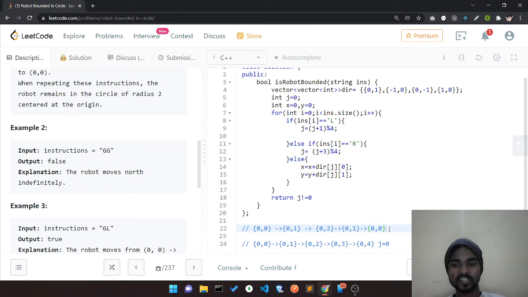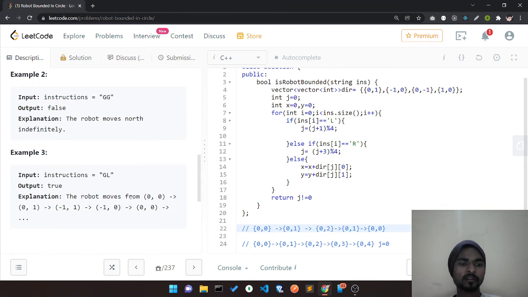In the first stage my j is equal to 1, and in another case my j is equal to 2. Or it may be possible that I have an instruction like LL, let's say this. In that scenario my robot is standing on 0 0.